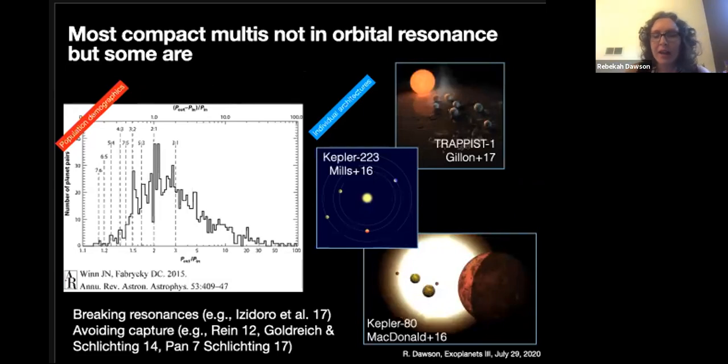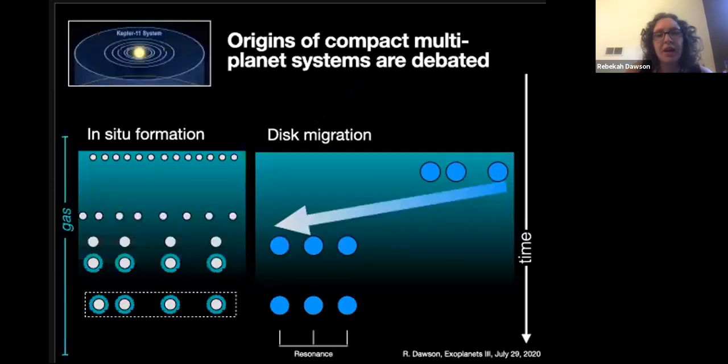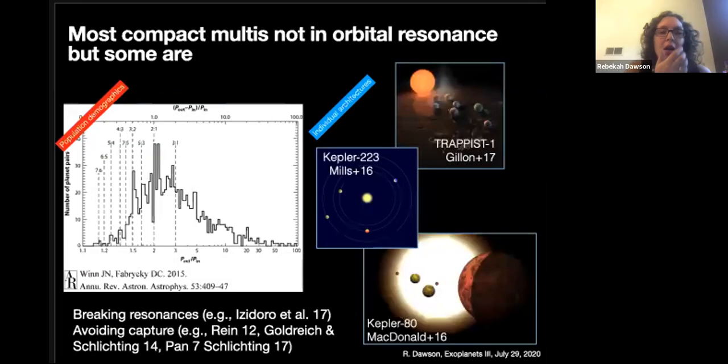This might be a little inconsistent with our most naive expectation from disk migration, which might easily capture planets into resonance. There's been a lot of work on why these planets, if they came from disk migration, aren't in resonance. In particular, people have been looking at whether resonances can break or go unstable after the fact, or different mechanisms for avoiding capture into resonance.